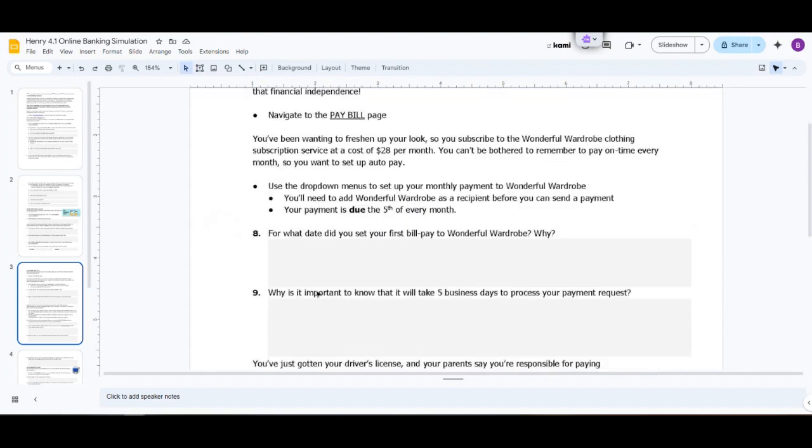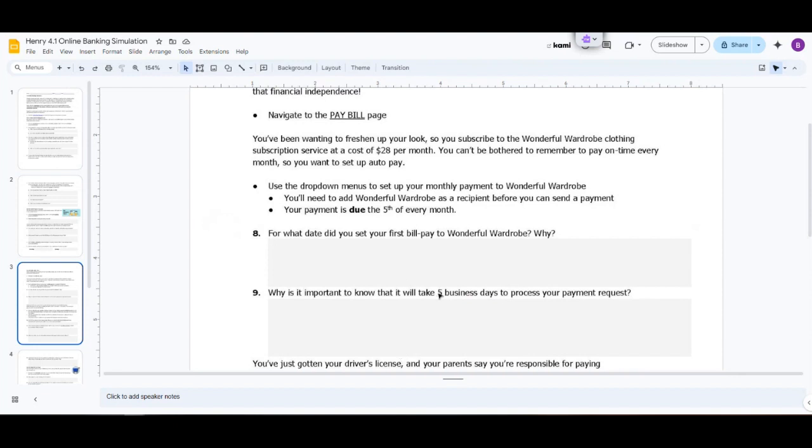In this case, there's a question, why is it important to know that it will take 5 business days? Usually the online bank will say, please schedule it with X number of days in advance to allow for that float time, to allow for us to cut the check, mail it, for them to receive it and process it, and so on. Right.